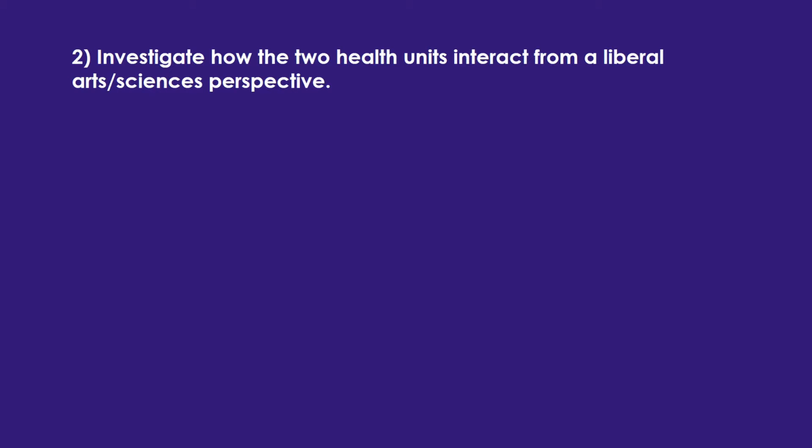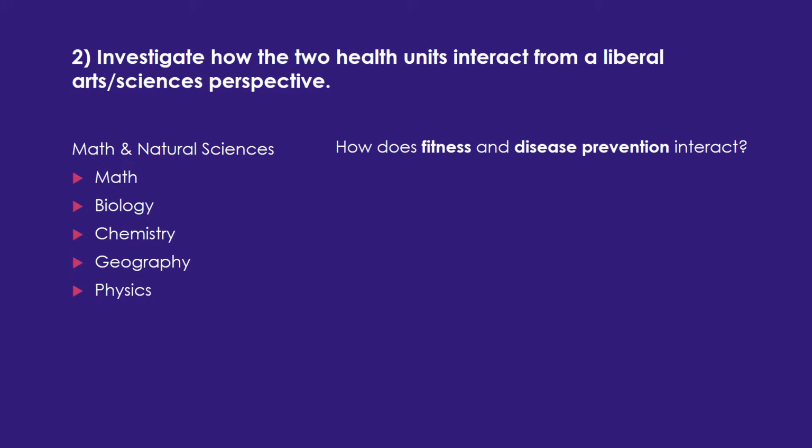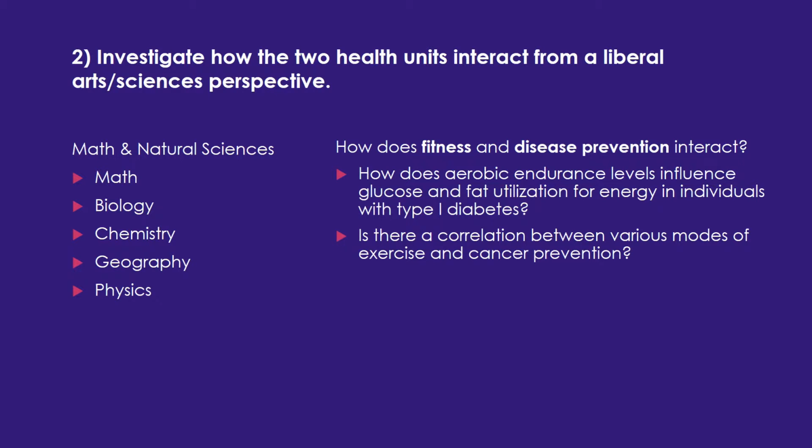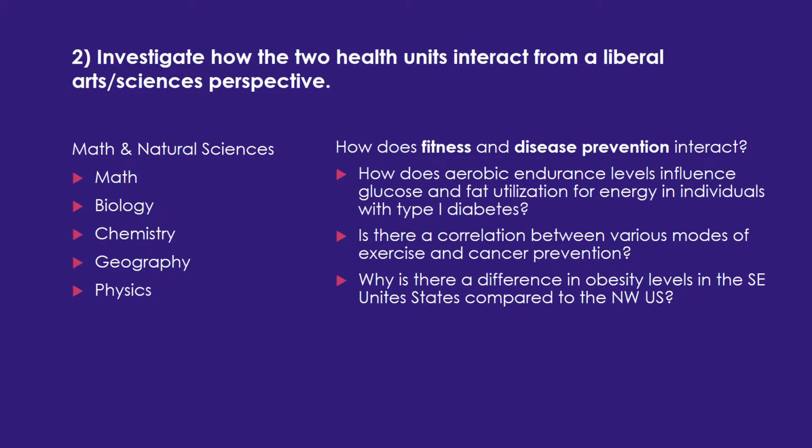Another example would be how fitness and disease prevention interact, and maybe we look at this through the math and natural sciences perspective. We could look at how aerobic endurance levels influence glucose and fat utilization for energy in individuals with type 1 diabetes, so we can see some biology and chemistry involved. Maybe they can chart or graph different things. Is there a correlation between various modes of exercise and cancer prevention? Why is there a difference in obesity levels in the southeastern United States compared to the northwestern part of the United States?